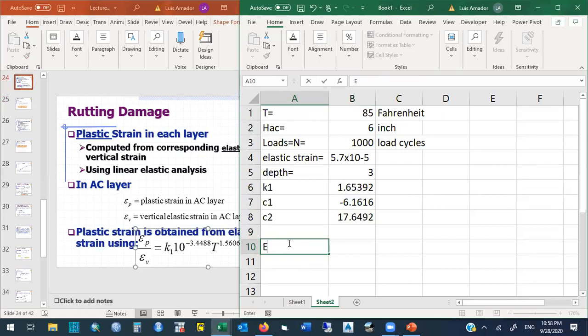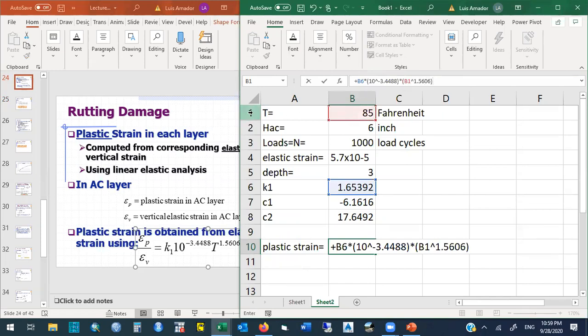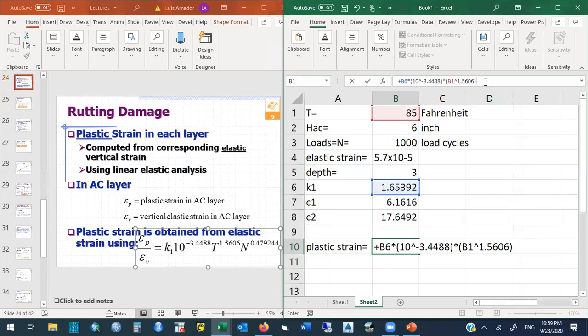So my EP, or my plastic strain, will be K1 multiplied by 10 to the power of minus 3.4488, times the temperature to the power of 1.5606, times the number of loads, let's start with 1000, to the power of 0.479244.